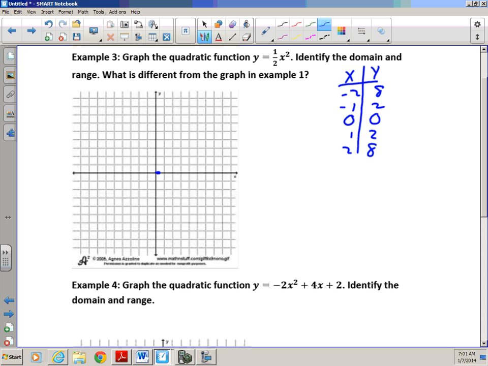I'm going to use 0, 0 as my vertex, but I want to count by 2's because if I use odd numbers, I'm going to get decimals. Okay? So, -2, 2, 8, all right.